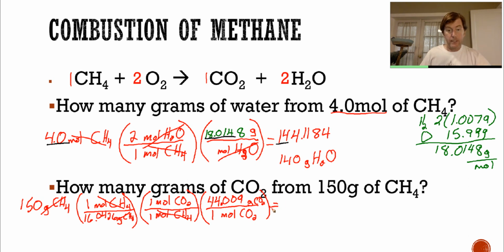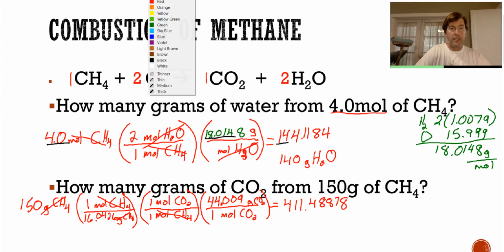So as we're going through this, 150 divided by 16.0426 times 1, times 44.009 gives us an answer of 411.48878, and more digits.